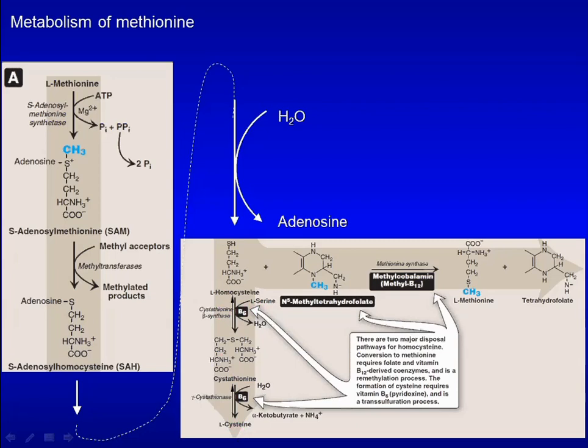In the second step, cystathionine is cleaved to form cysteine and alpha-ketobutyrate with release of ammonia. These 2 steps are reversible depending on the concentration of reactants. These 2 reactions require PLP, the active form of vitamin B6.